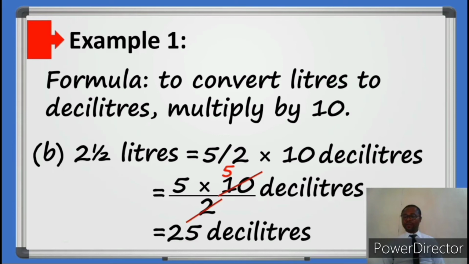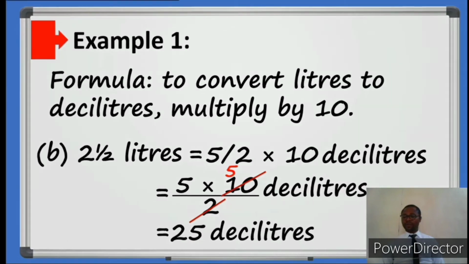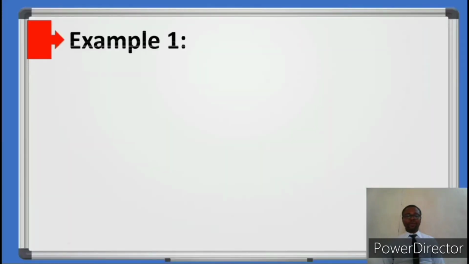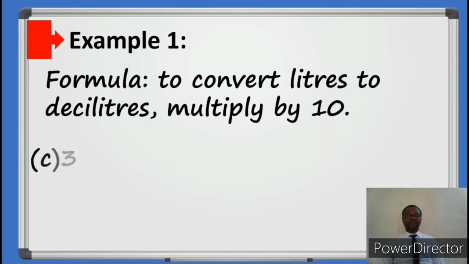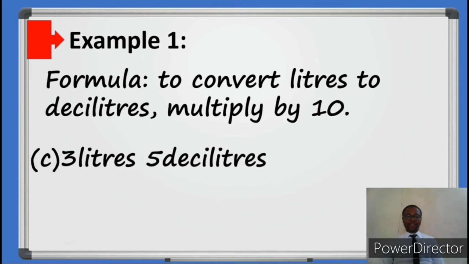Let's look at the third one. Example 1c. 3 liters, 5 deciliters. Now let's change everything to deciliter. You know, the 5 is already in deciliter, so I'm not going to touch that one. Then the 3 liters is what we convert to deciliter. And to change the liters to deciliter, we multiply by 10.